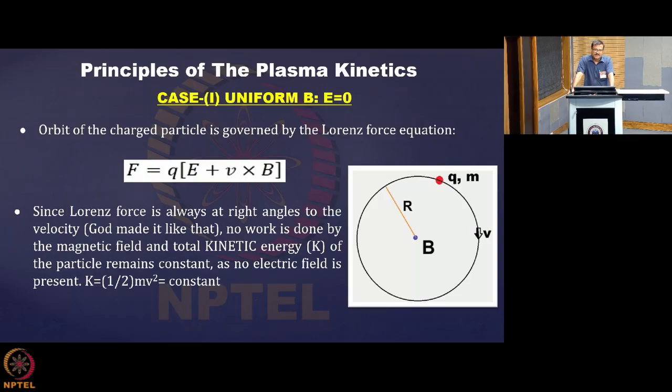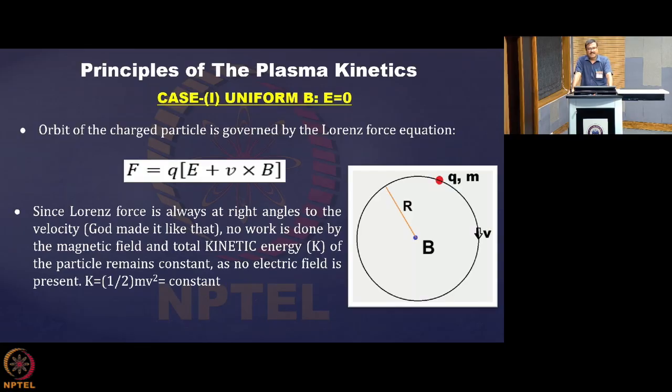It links the velocity with the electromagnetic fields. It is of immense significance that when a charged particle is at rest, the magnetic field will not do anything with it. But the moment it tries to move in any direction, it will experience a force Q V cross B, and most of the time it will make the charged particle rotate around the magnetic field.